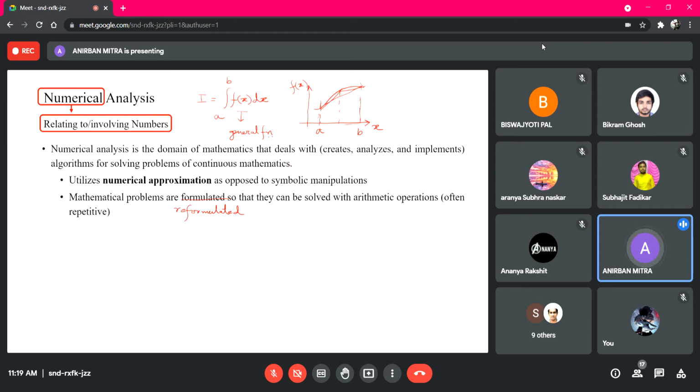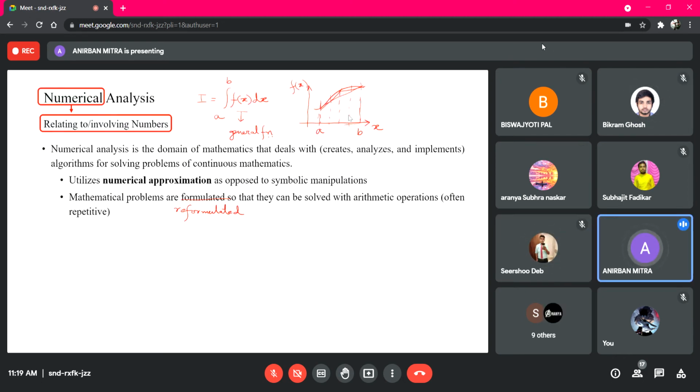I can go on subdividing these intervals like this. I can make hundreds of divisions over here. And if I add up those areas of 100 trapeziums, I would get a pretty good approximation of the value of this integral. Do you agree or not? Yes, sir. That is quite possible.